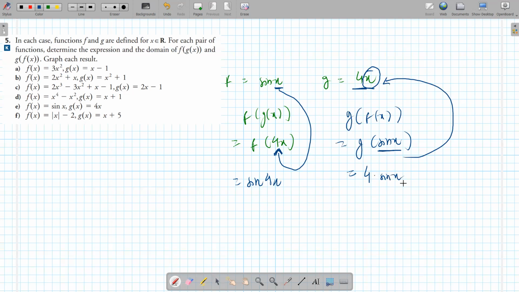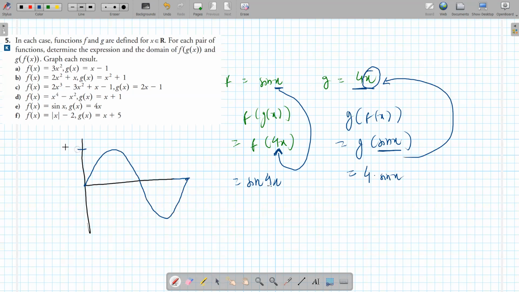So what's the difference between these two? The domain for both of them is x ∈ R. Sine, cosine, polynomials, exponential, absolute value, all of those have a domain of x ∈ R. So how do these two differentiate? If it's on the inside, like this, the sine function, the parent function, has a period of 360 degrees.